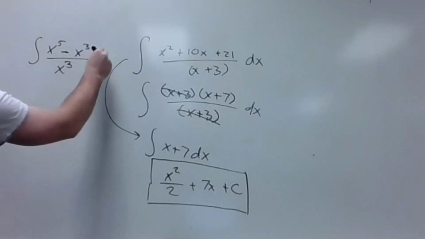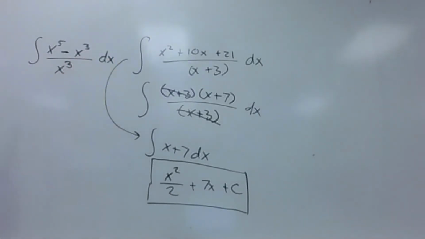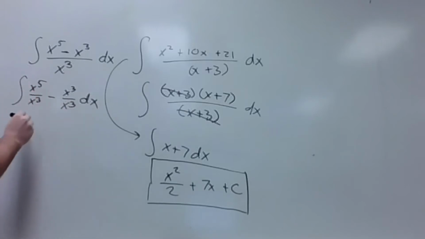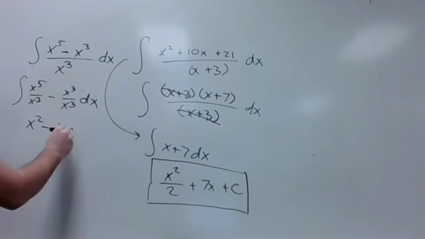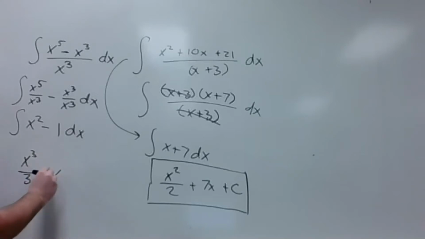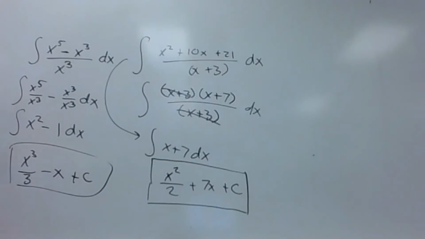If we look at this, it seems kind of like a lot, but if we just rewrite it as a fraction, x to the 5th over x to the 3rd minus x to the 3rd over x to the 3rd, then we can say that this is x squared minus 1. And then this also becomes a much simpler problem. So then that would be x cubed over 3 minus x plus c. And that would be our answer.